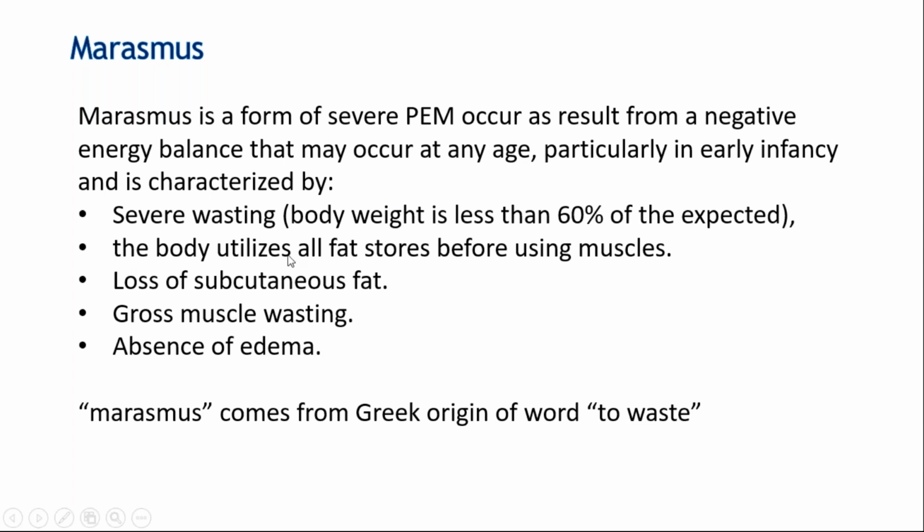The body utilizes the fat stores and then the muscles, so they lose all their fat, they lose their muscle, but there is absence of edema. Marasmus is a word of Greek origin, which means to waste.